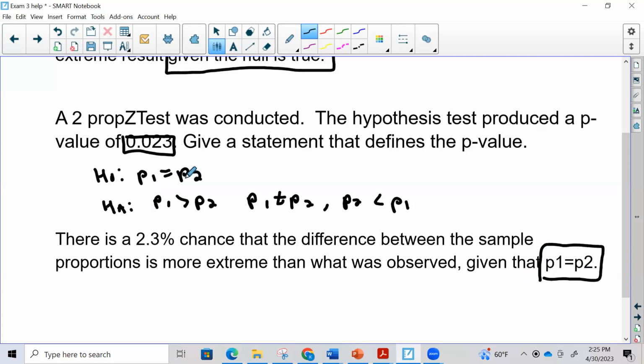That's because that would always be my null if I'm doing a 2-prop z-test. So please make sure that you're always including given that the null is true, because that is part of the definition of a p-value. And then also saying that it's the probability of getting the results of the sample or more extreme than our sample. And that's how we interpret the p-value.